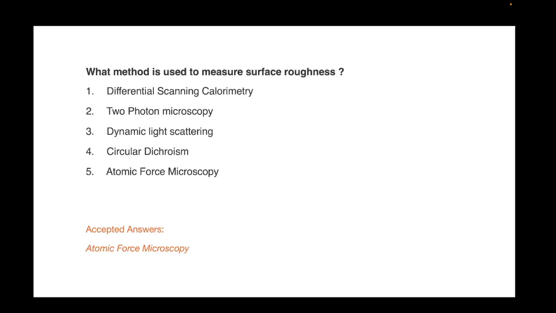Dynamic light scattering measures the particle size distributions and cannot image or measure the roughness. And circular dichroism is basically used to get protein secondary structures because it gives information about the chirality of the molecular structures. So AFM, or atomic force microscopy, will be the correct answer here.